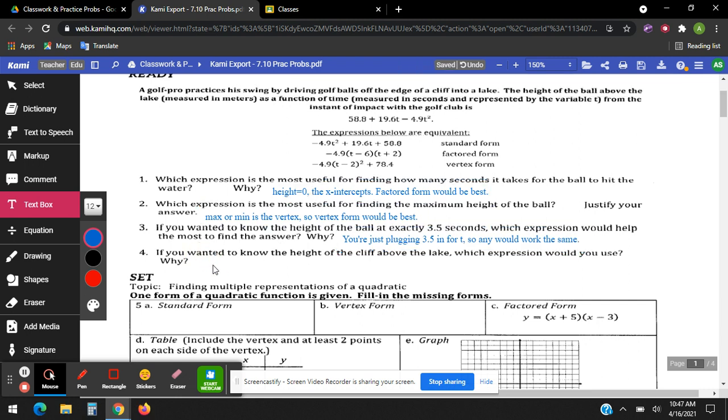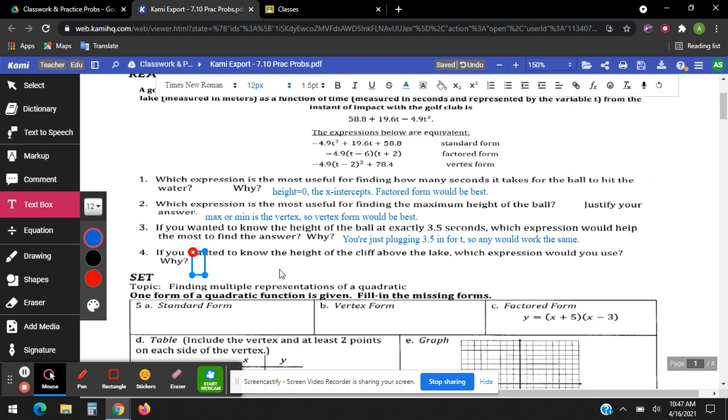So that one doesn't really matter, just which one you feel is going to be the easiest for you. Okay, if you wanted to know the height of the cliff above the lake, which expression would you use? Well, the height of the cliff would be when time equals 0, right? Your starting point.